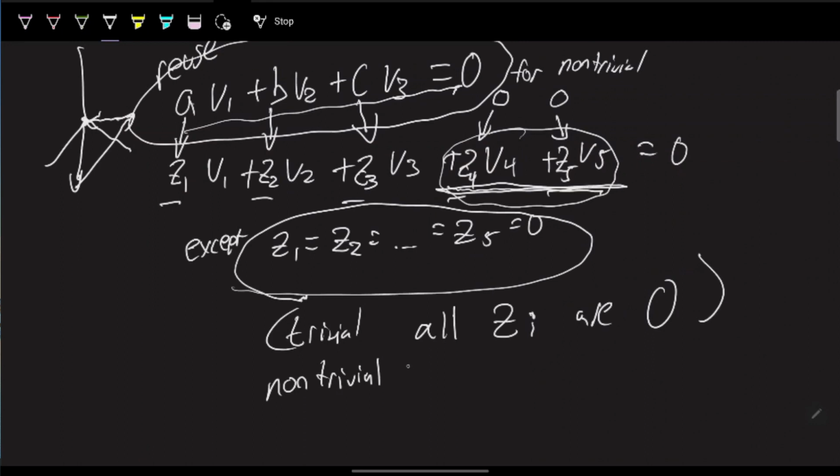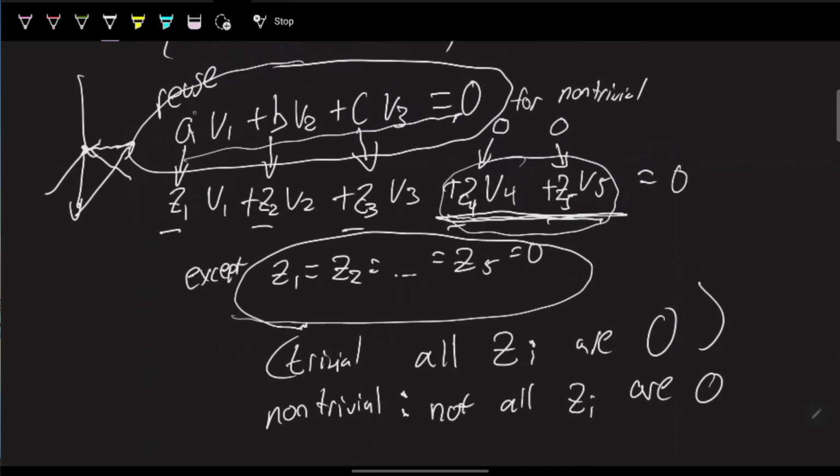So non-trivial means not all zi are 0. Some being zero are okay, as long as it's not all.